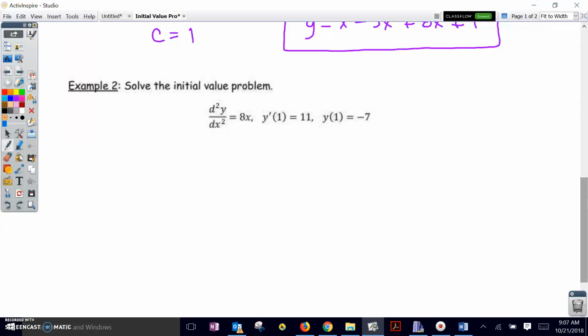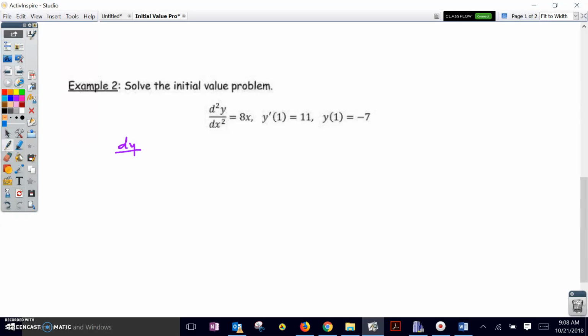Let's look at example 2. In example 2, we start with the second derivative. We're going to take the antiderivative of the second derivative. So the antiderivative of that is going to be dy/dx equals 4x squared plus a constant.